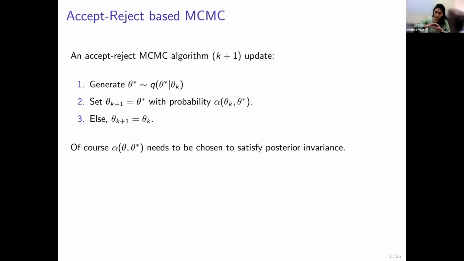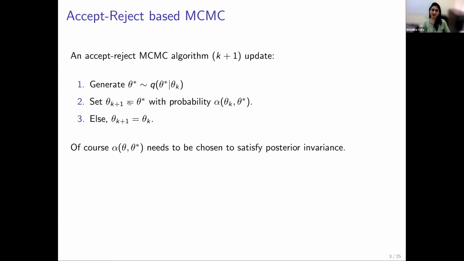I won't really go into the theory of MCMC, because that becomes a completely different talk. But the idea in accept-reject MCMC is that given any kth draw from the target, or kth draw from pi, we generate a theta star using some proxy proposal kernel Q, which gives us a theta star given my current step theta k.